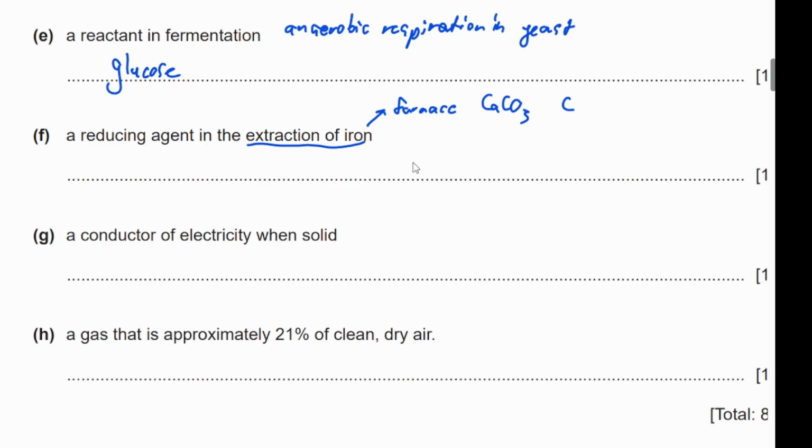The carbon is used to reduce the iron oxide. So the carbon, which is known as coke, will react with the oxygen in the air in the furnace to form carbon monoxide. And this carbon monoxide will react with the iron oxide to form pure iron. So therefore, a reducing agent would be carbon monoxide.